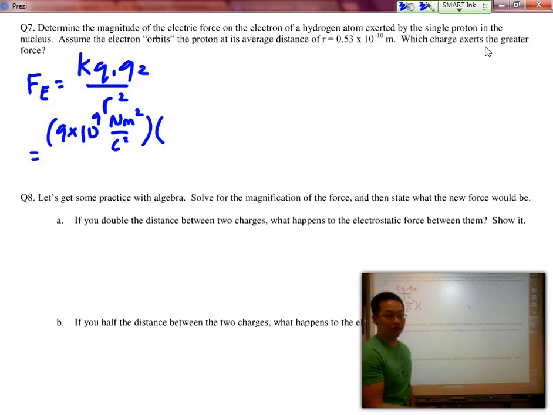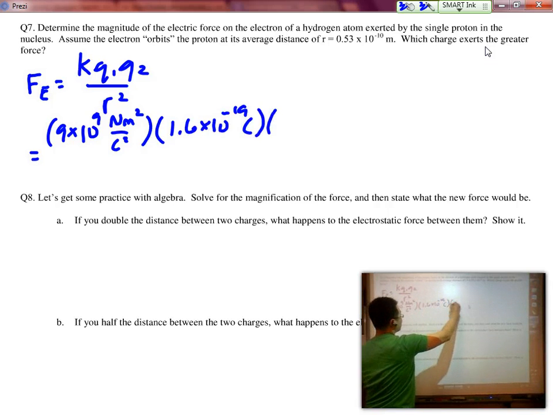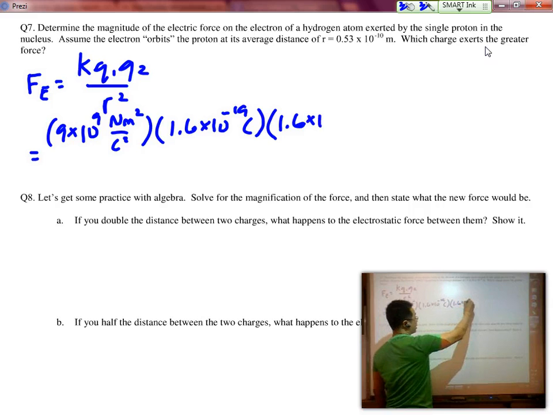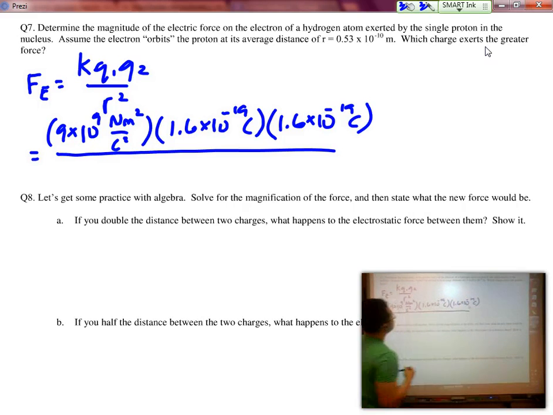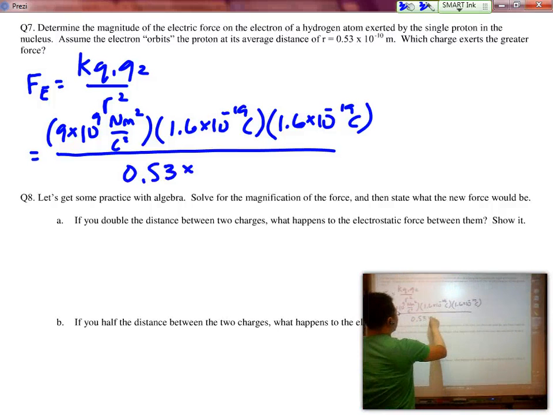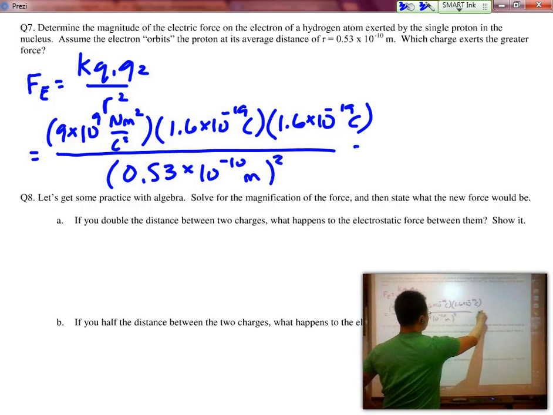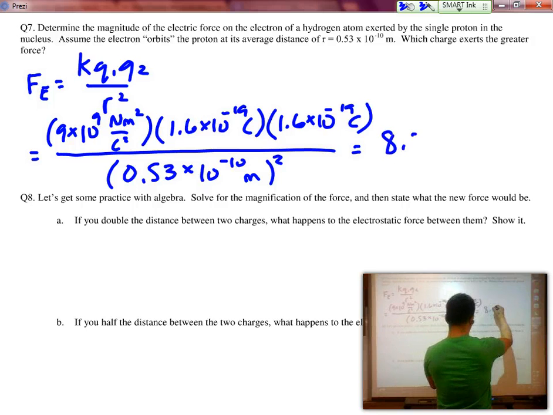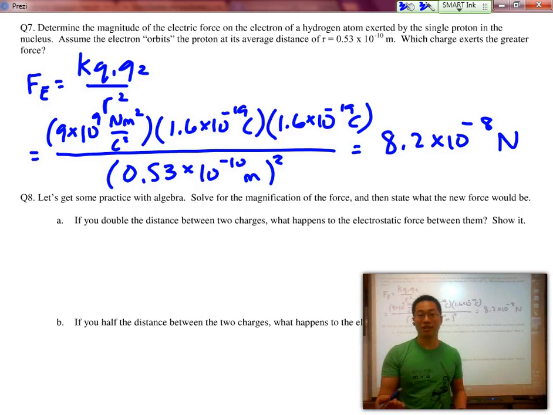The first charge is a proton, which is, of course, 1.6 times 10 to the negative 19 Coulomb, times the electron, which is also 1.6 times 10 to the negative 19 Coulomb, over 0.53 times 10 to the negative 10 meters squared. So the value is 8.2 times 10 to the negative 8 newtons, which may seem like a tiny number to you, but remember, these are incredibly small charges.